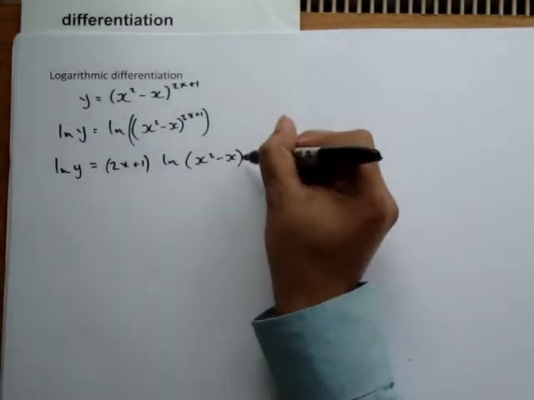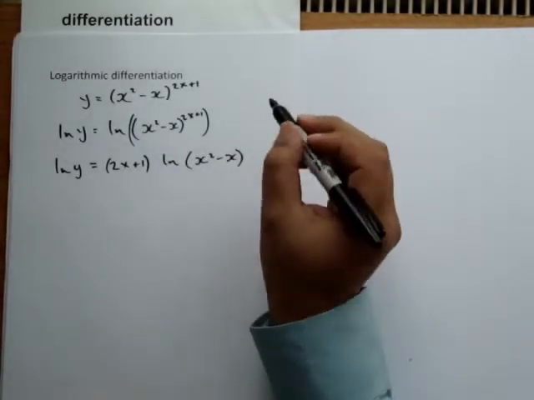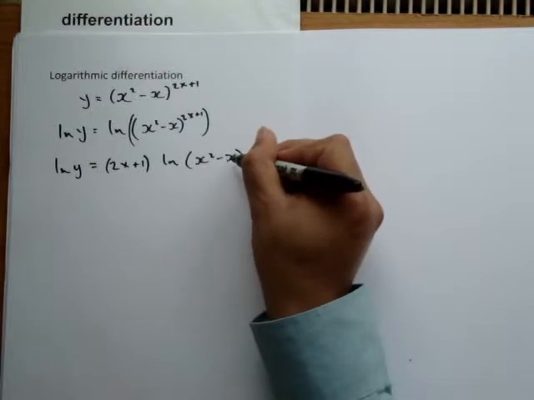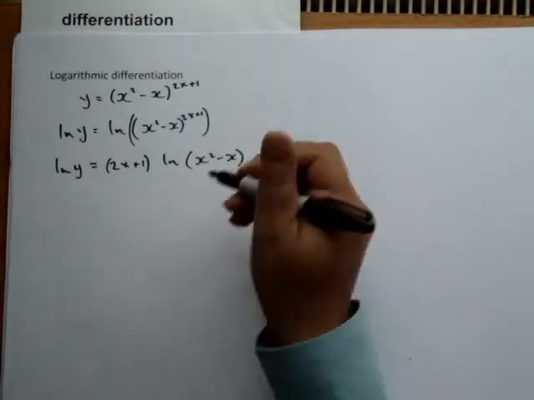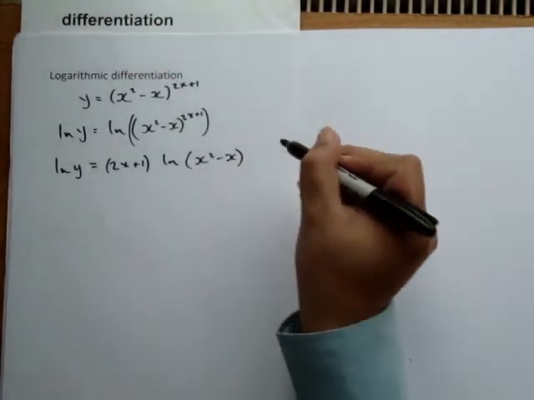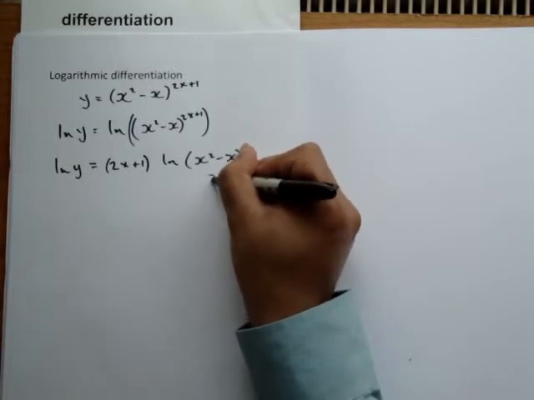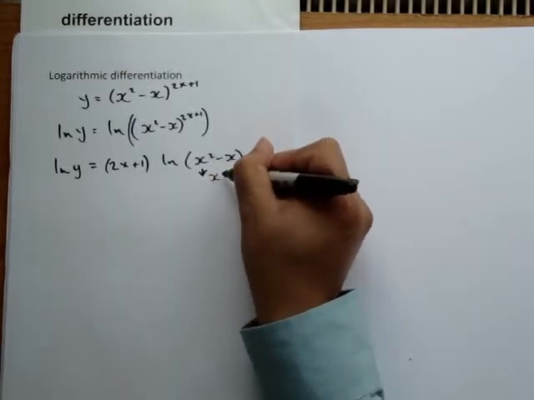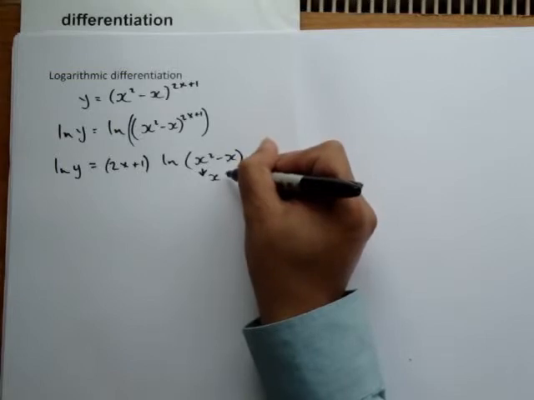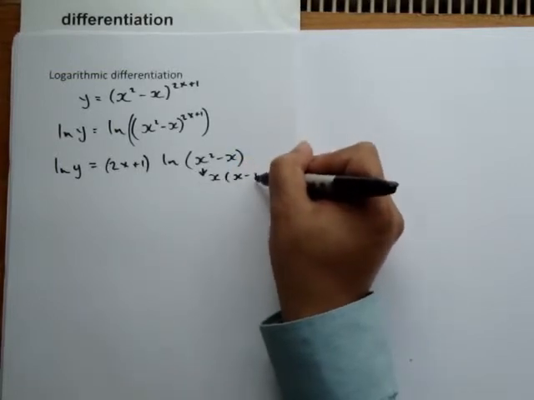Here we can factorize this, being the difference of, no, not the difference of two squares. We can factor out the x, in this case x squared minus x, so we're left with x times x minus 1.